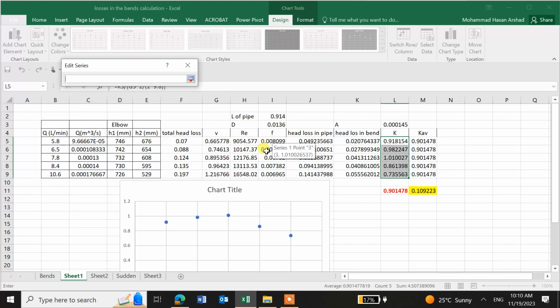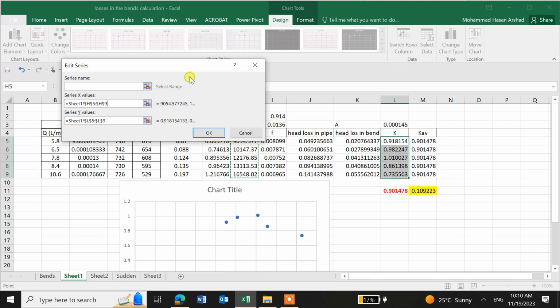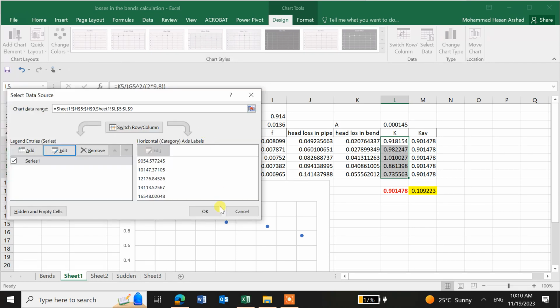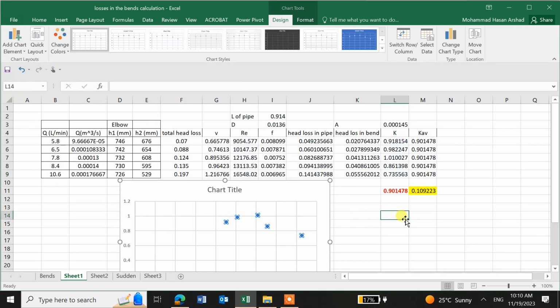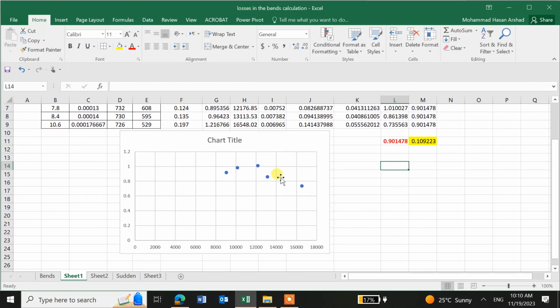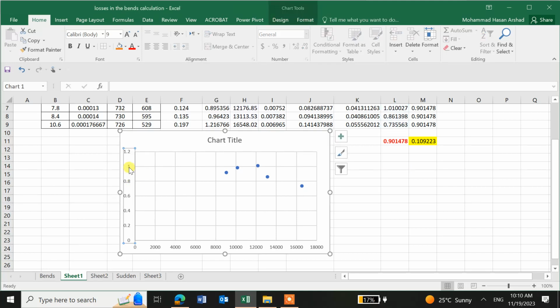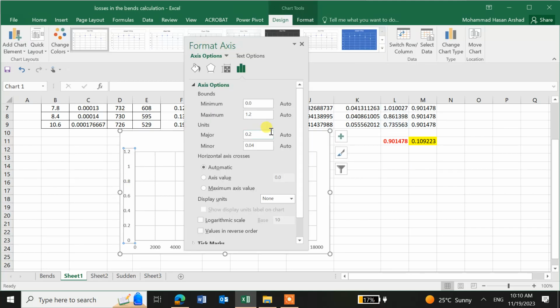Reynolds number. What is Reynolds number? Is this one? Okay, now you see this one increase, decrease. We can make the axis a little bit bigger.